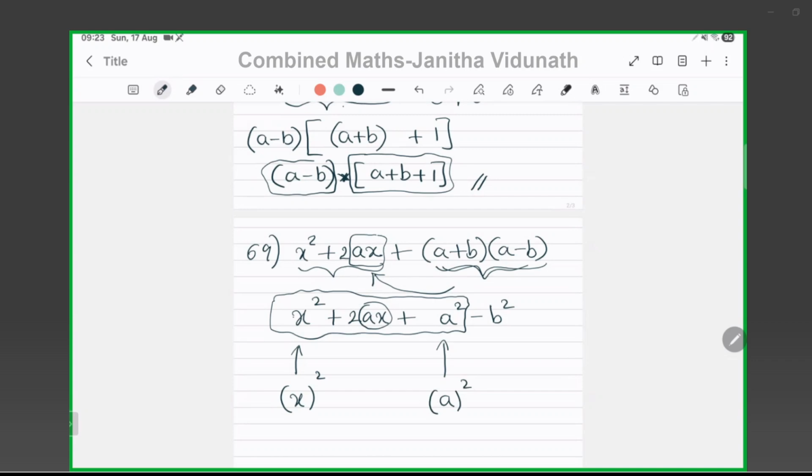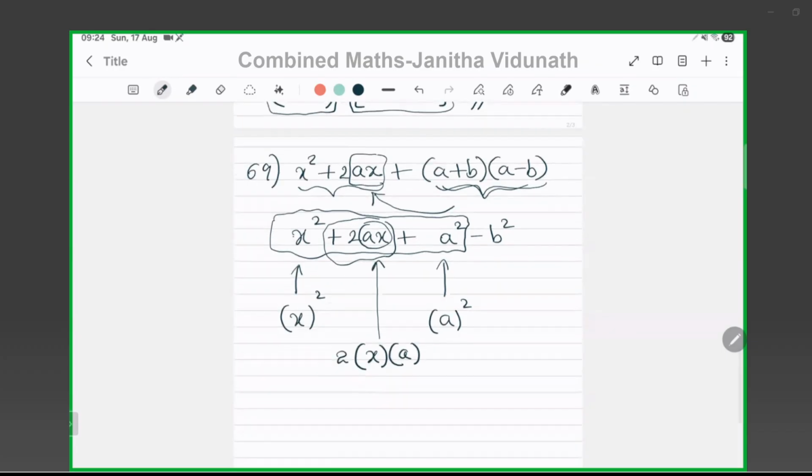Then we need to check whether the middle term consists of two times first term times second term. Here we can see two times first term and second term is the same as the middle term of this expression.